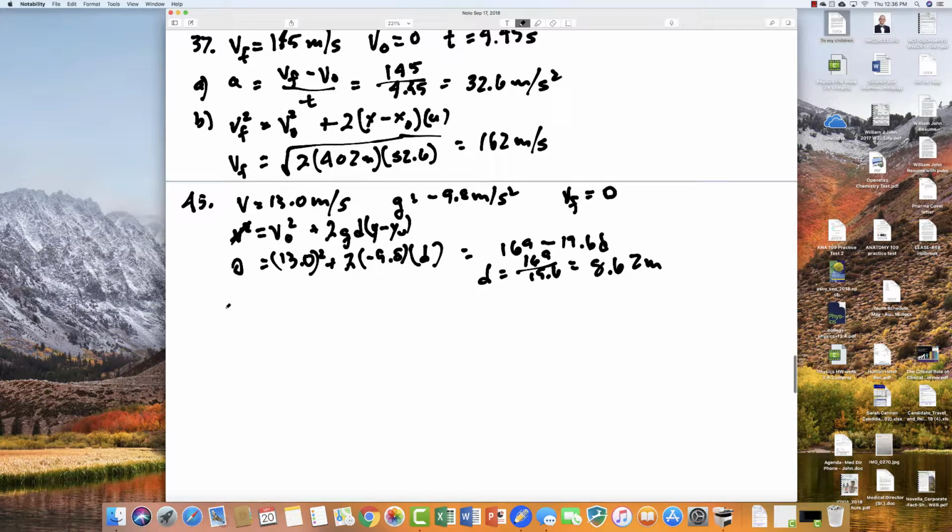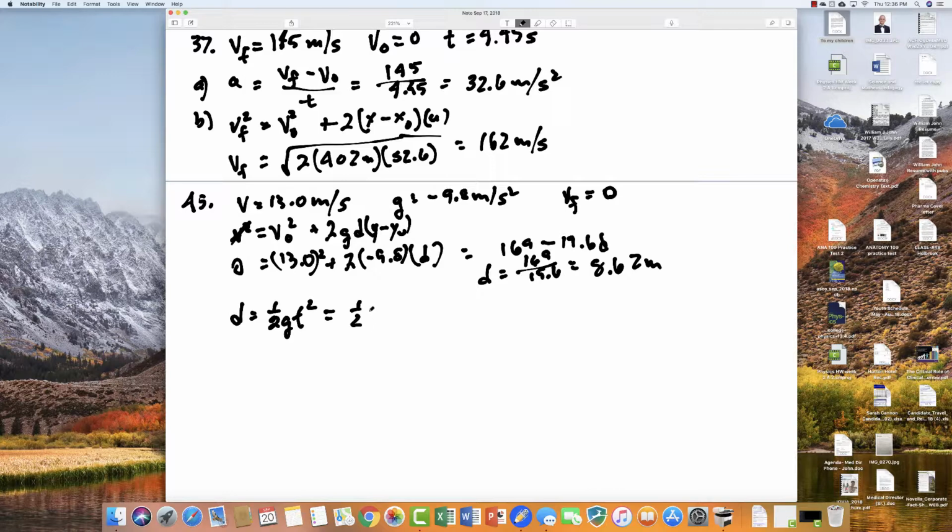Now the third question is, how long is he in the air? Well, we know that d is equal to 1/2 gt squared. And because vf is 0, you don't have to take that into account in terms of the time that he's out of the water. You don't have to use the v0t, because when he falls back in the water, this is the equation that will be governing that.